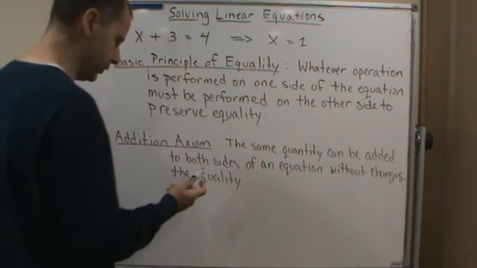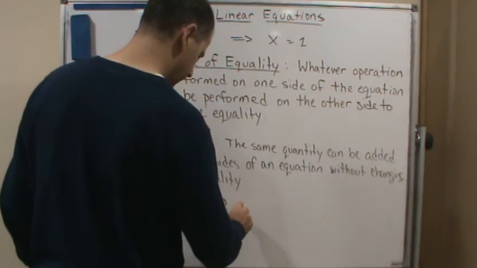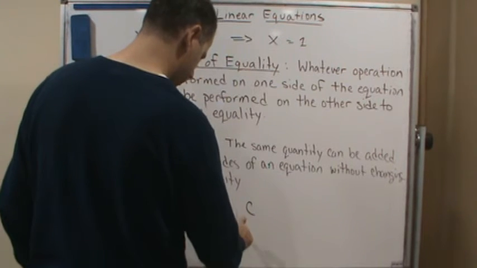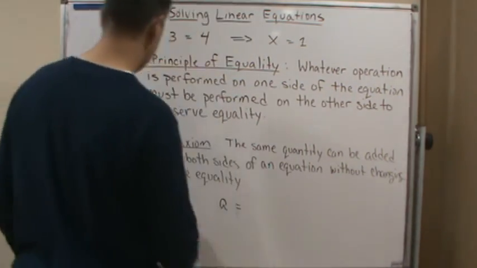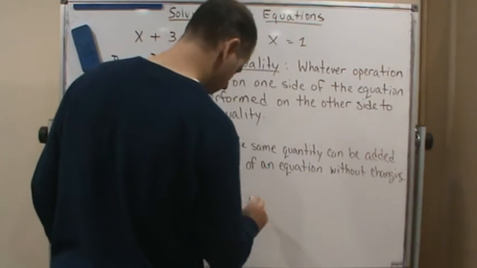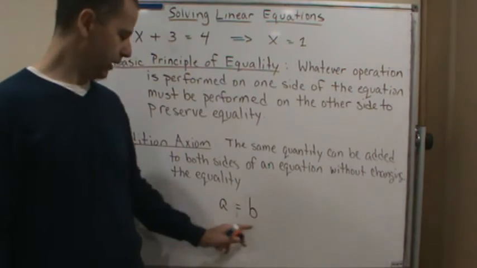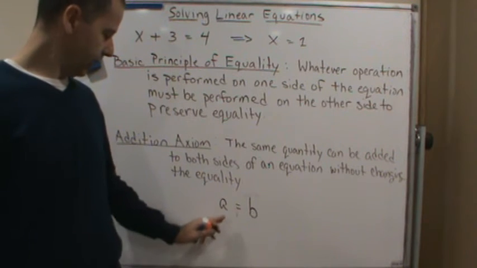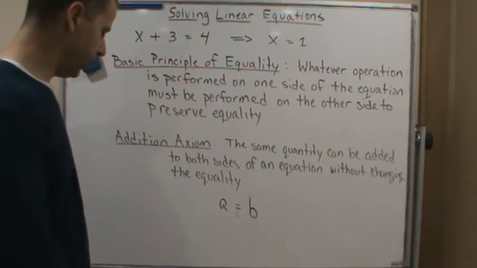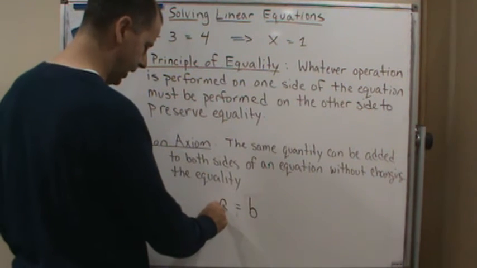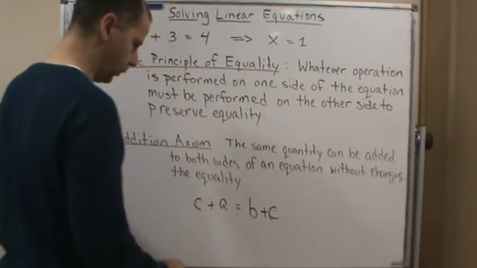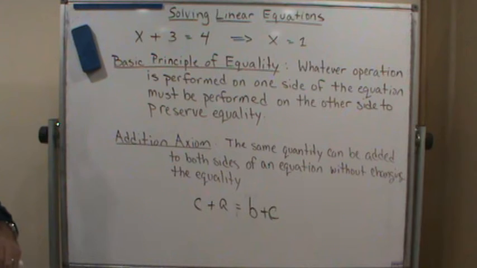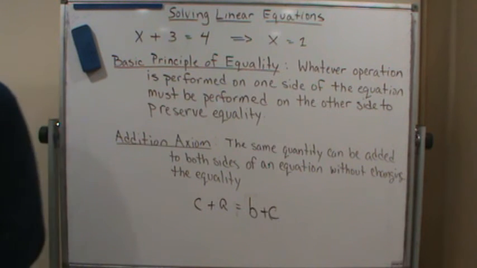Okay, so for example, in general, if I have A equals B, right, so A and B are any numbers, and if I know A is equal to B, then what this addition axiom is saying is if I add C to both sides, then it's still equal, okay? And that's how the addition axiom works.